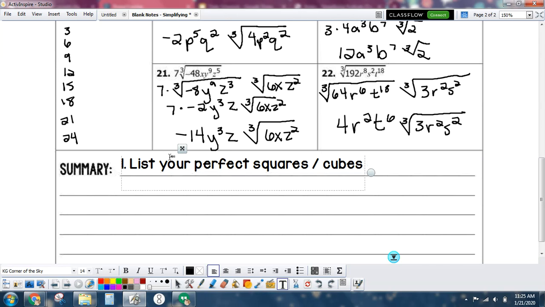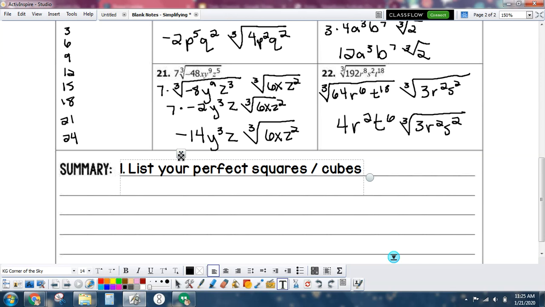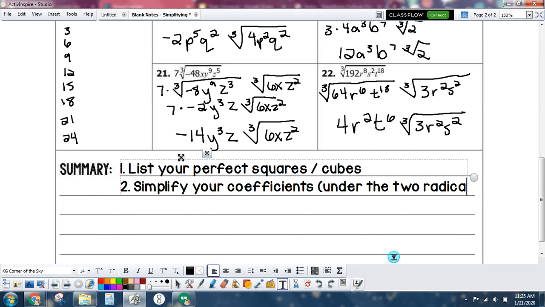And then number 2, you're going to want to simplify your coefficients. Sorry, I can't spell. Coefficients. So make sure you're writing both radicals out too. After you simplify the coefficients, you want to simplify the variable exponents. Variables.